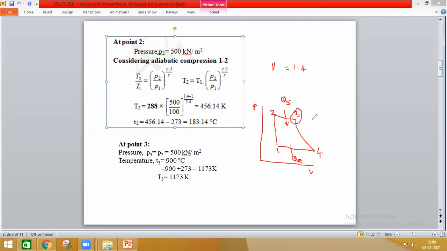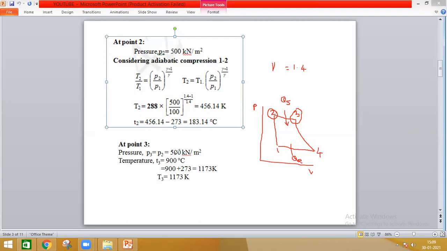Now the pressure is constant. At point 3, P2 is equal to P3, because we already know the value of P2. P2 is given in the problem, 500 kilonewton per meter square after compression, where P2 and P3 are constant.